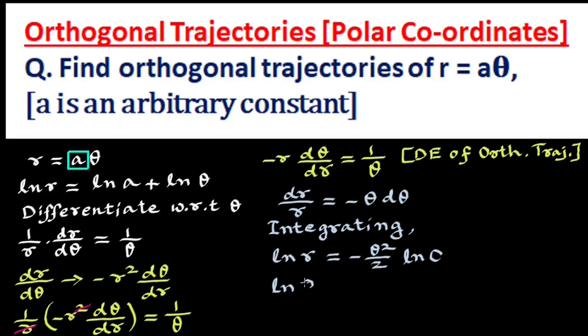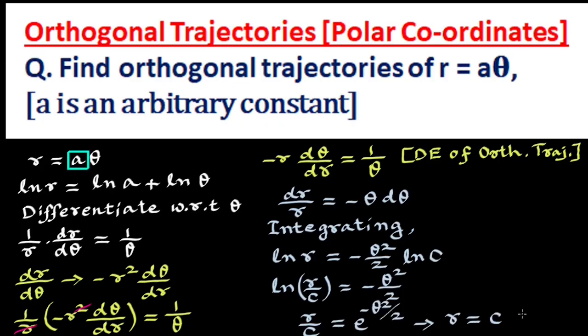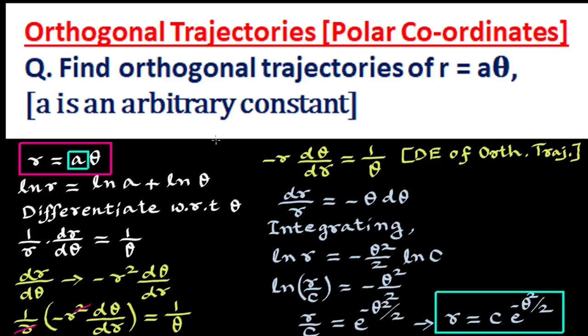Ln r upon c equals minus theta square upon 2, or r upon c equals e power minus theta square upon 2, or simply r equals c e power minus theta square upon 2. And this is the equation of the family of orthogonal trajectories of r equals a theta.